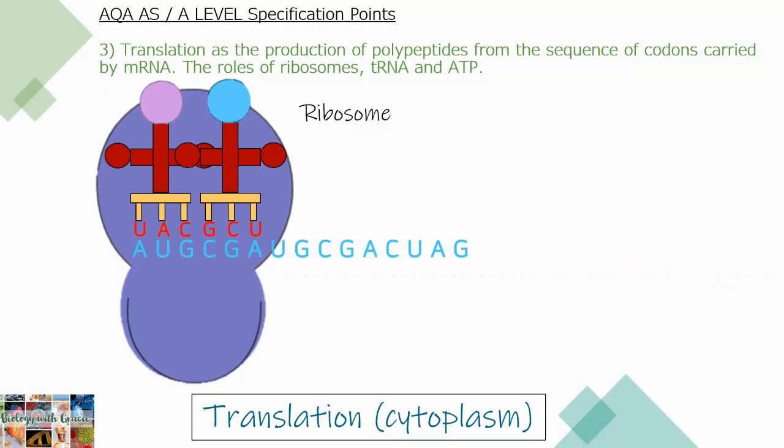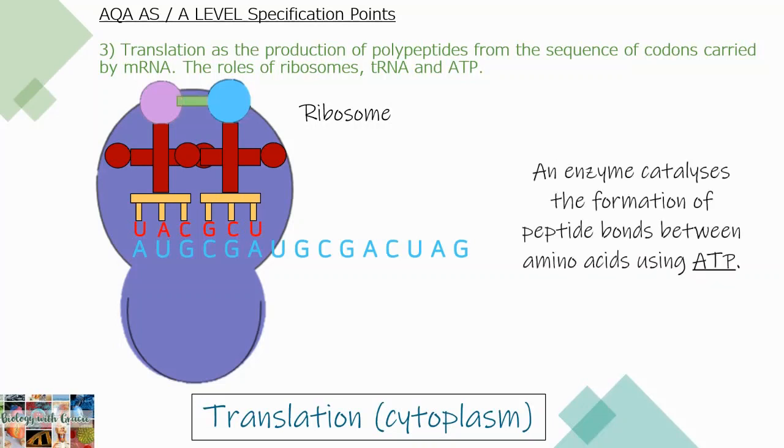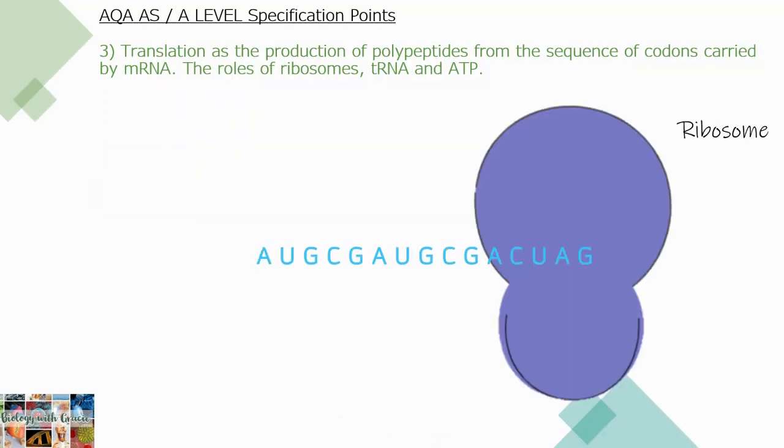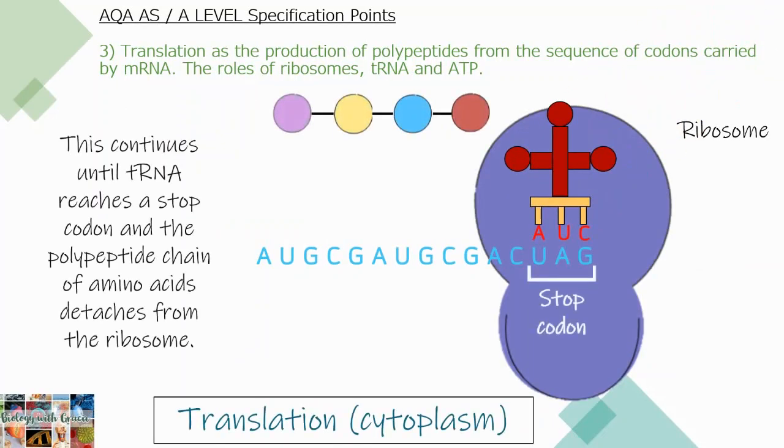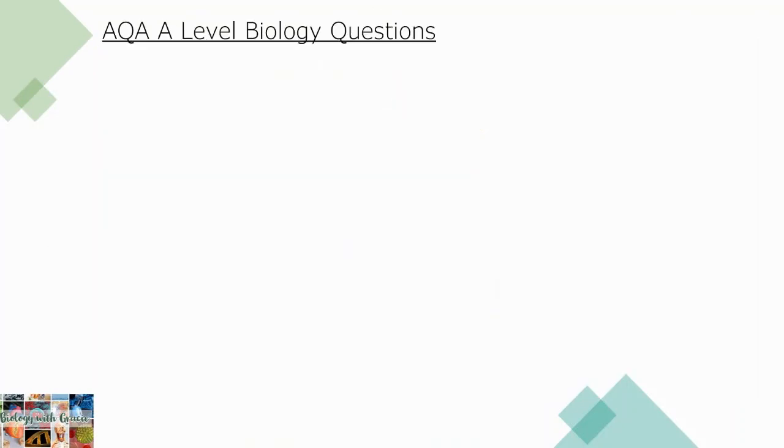An enzyme then catalyzes the formation of a peptide bond between these amino acids using ATP. The enzyme continues to do this as more tRNA molecules bring amino acids to the mRNA. This process continues until tRNA reaches a stop codon and the polypeptide chain of amino acids detaches from the ribosome. Now we're going to move on to some questions based on that information.